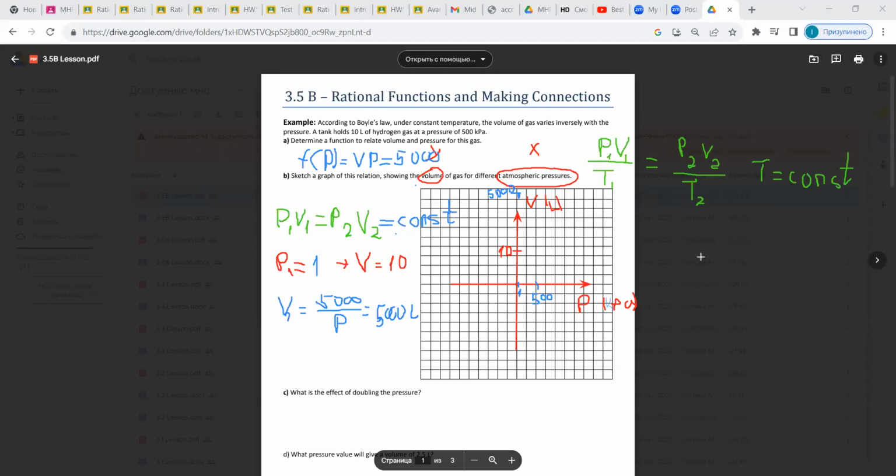We see as P approaches 0, because look, now we see why rational functions are involved here. Because P is in the denominator, right? So that means that P cannot be equal to 0, because if 0 is in the denominator, the result is undefined. Is that right? Does everybody agree?